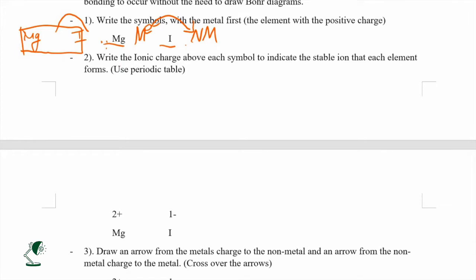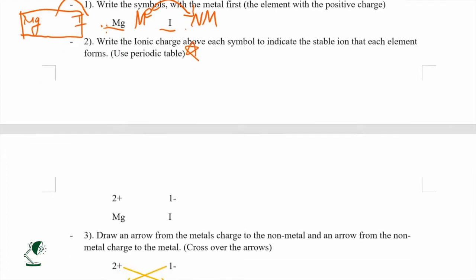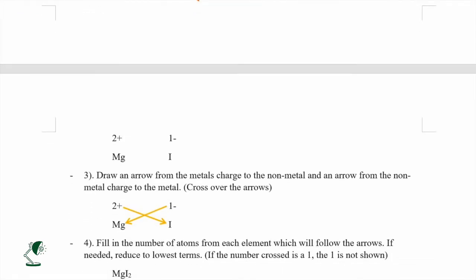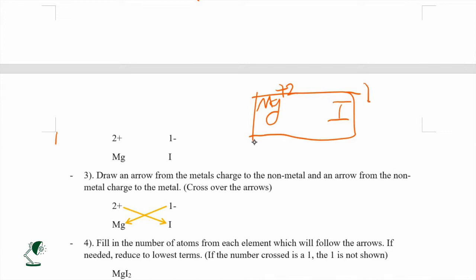Write the ionic charge above each symbol to indicate the stable ion that each element forms, and we have to use the periodic table. So when you take a look at your periodic table, you can find magnesium here and iodine here, right? On the top right, in most cases, you'll see a little number, and you will see that magnesium has +2, whereas iodine has -1.